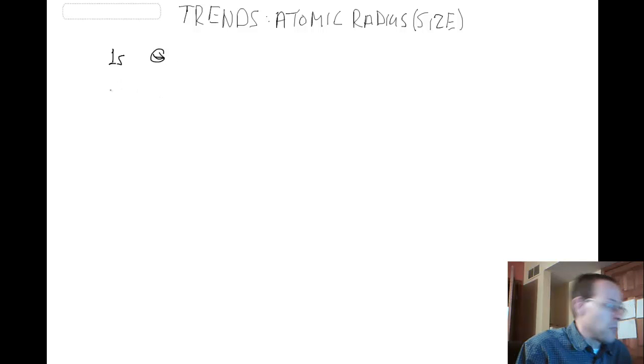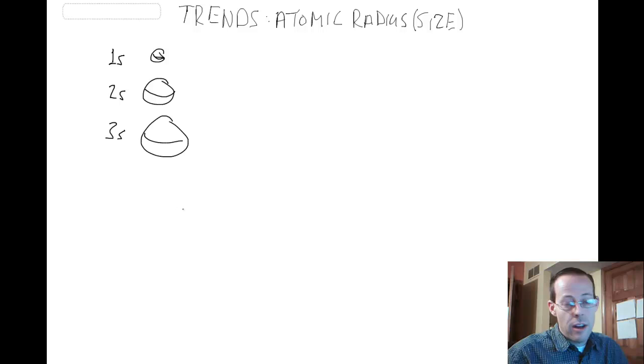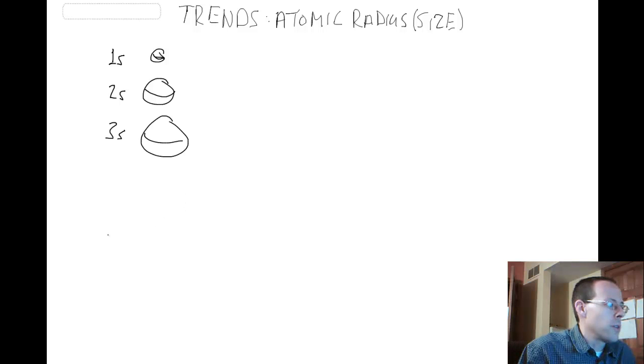As we go down to, let's say, lithium, it's a 2s, and the energy level has to do with size. So it's still a sphere because it's an s, but it's a bigger size. As we go down to 3s, with sodium, we have an even bigger sphere, 4s on down. So one of the trends we can see is the group trend, and groups are columns.